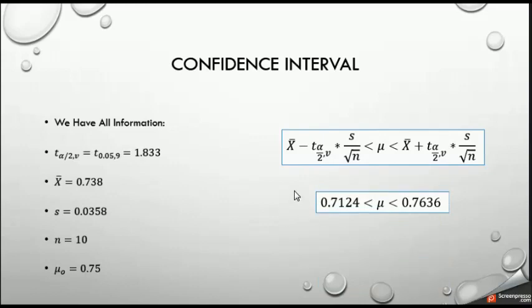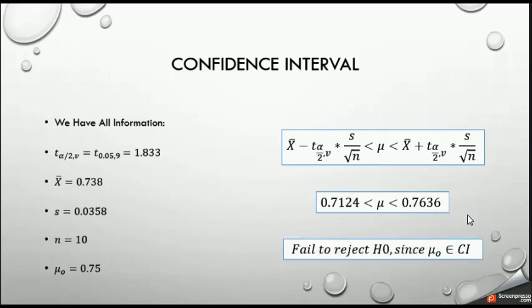Now we are going to substitute the values, and finally we get the confidence interval: mu lies between 0.7142 and 0.7636. So what next? If we look at mu naught, it is 0.75.